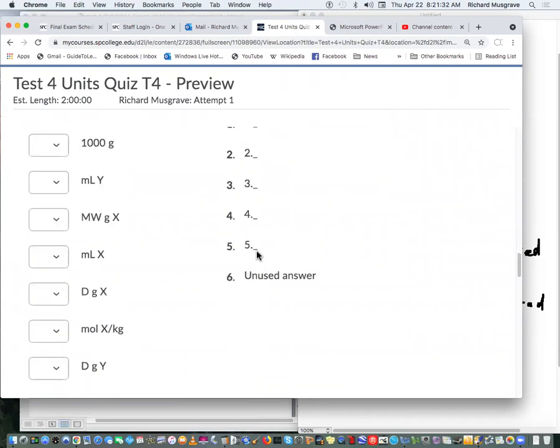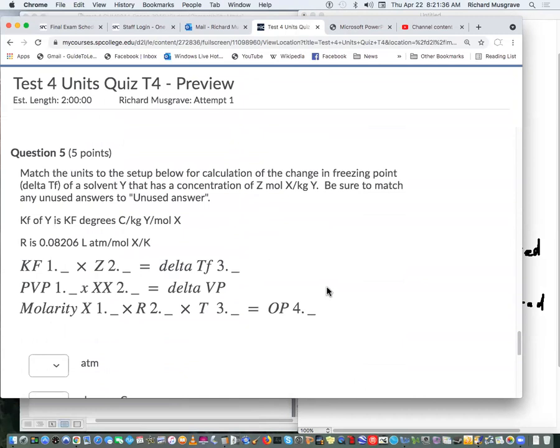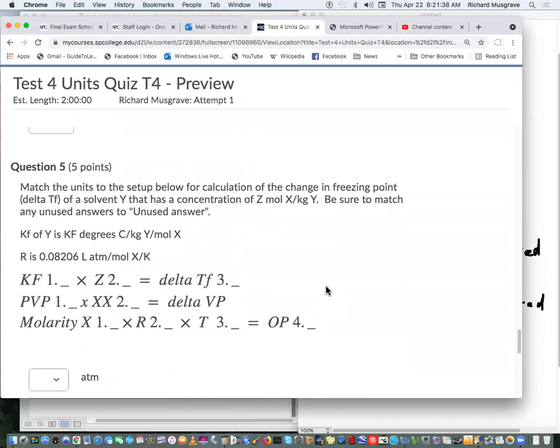Let's see. So you're talking about this question down here, right? Yeah. All right. So the thing is that there's 3 possibilities for this question. It could be the KF question, it could be the partial vapor pressure question, or it could be about molarity. So it depends, and you have to look up here to see which one it actually is.